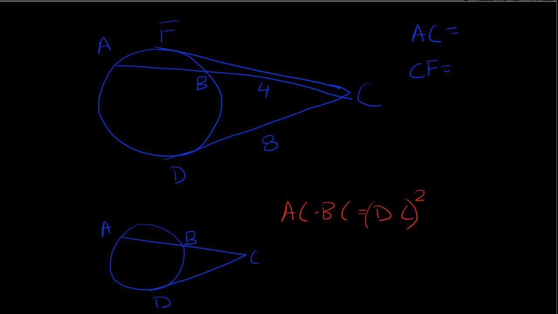Okay. So AC is the length of the whole thing. So we know that BC is 4, DC is 8. So I'm just going to let AB be x in this case. So AC then is going to be x plus 4. BC is 4. DC is 8.